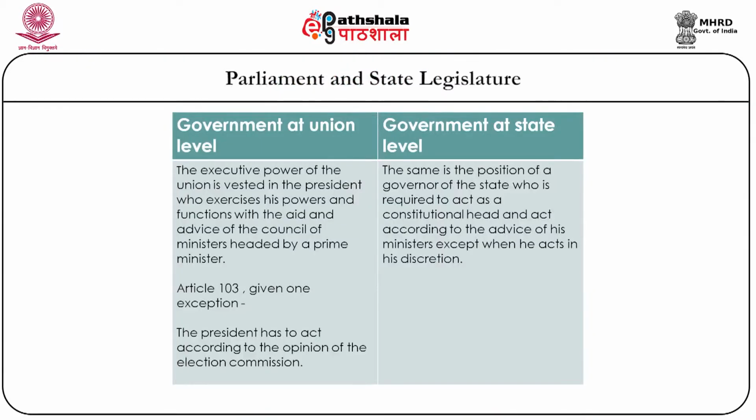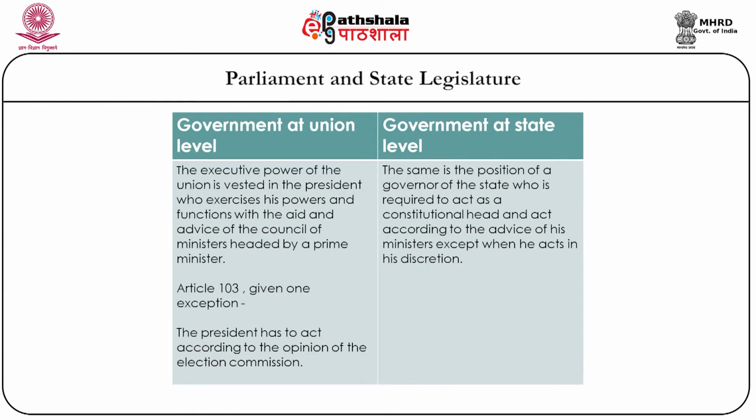Now, I will come to the second level of the government, that is government at the state level. Here the position of the government of the state is the same as that of the President at the union level. Here also the constitutional head is known as the Governor, who is required to act as constitutional head and act according to the advice of his ministers, and these ministers are headed by the Chief Minister.